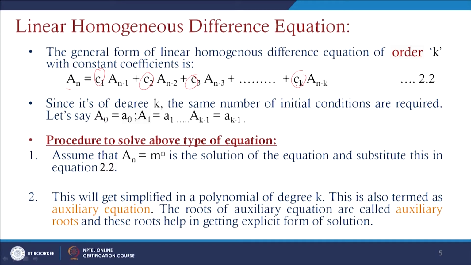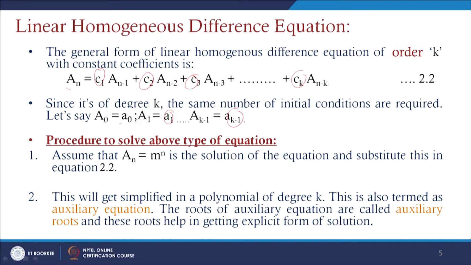Since it is a kth order difference equation, the same number of initial conditions is required: a_0 equals small a_0, a_1 equals small a_1, up to a_{k-1} equals small a_{k-1}.